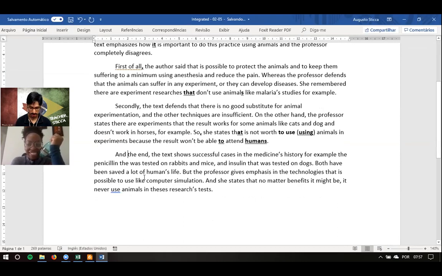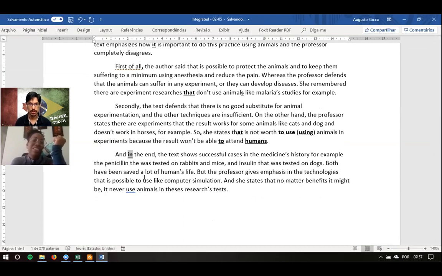In the end, again, you need the preposition here. The text shows successful cases in medicine, for example, the penicillin that was tested in rabbits and mice, and the insulin, have saved a lot of humans' lives.